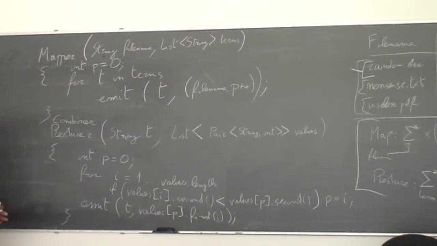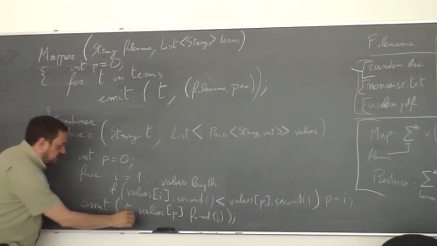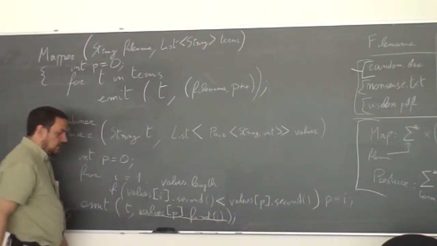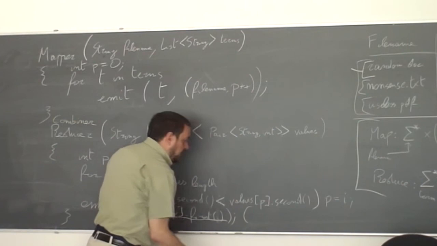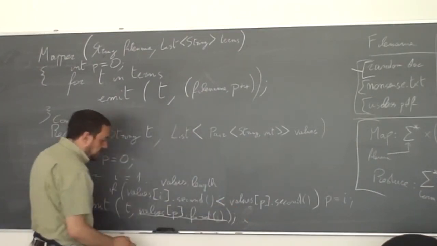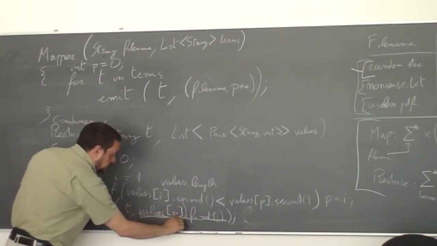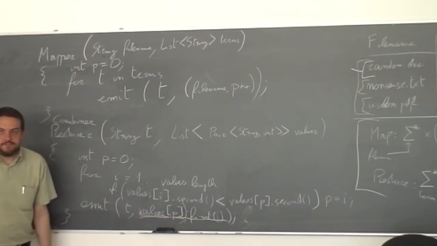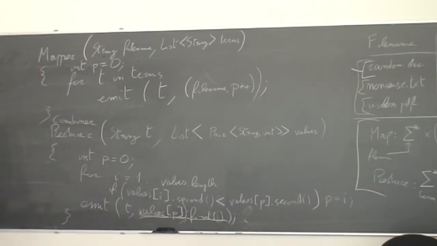Well, actually the only change is that instead of this, we output the pair, we simply output values of P. We stop here. Okay. So that the output is actually a pair, and not only the first component of the pair.